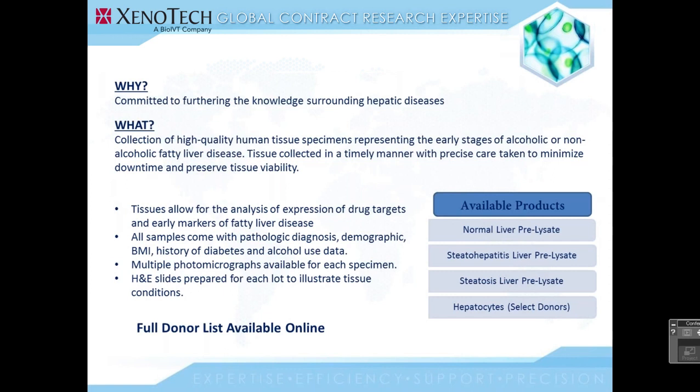There is a full donor list available online on our website, www.xenotech.com. These tissues allow for the analysis of expression of drug targets and early markers of fatty liver disease. All samples come with a pathological diagnosis, demographic, BMI, history of diabetes, and alcohol use data. We also include multiple photomicrographs for each specimen, as well as H&E stain slides prepared for each lot to illustrate the overall tissue condition.